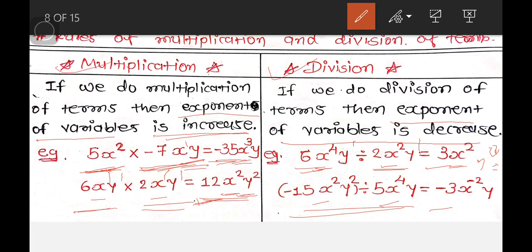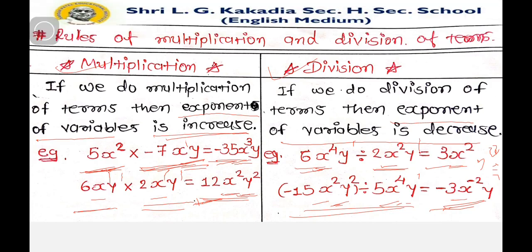So we subtract 2 from 4 and get x raised to 2, but since the denominator is larger, we put a minus sign. From y square we subtract 1, 1 from 2, and get y raised to 1. At the end we get the answer minus 3x raised to minus 2 y. So this was about the rules for multiplication and division of terms.